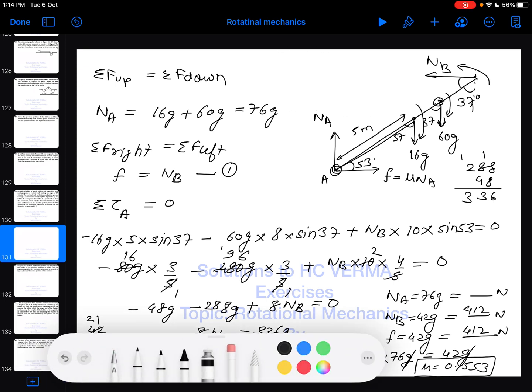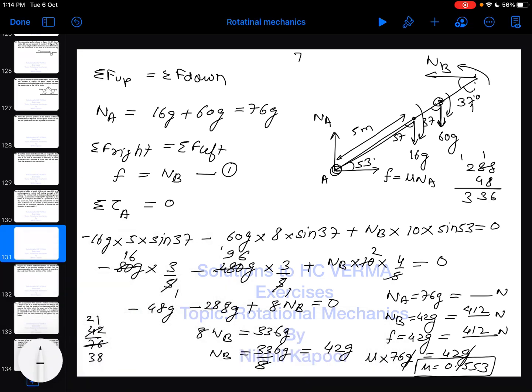Again I will do it one more time. 76 into 9.8: 8 6s are 48, 4 carry, 8 7s are 56 plus 4 is 60, plus 9 6s are 54, 5 carry, 9 7s are 63, 68, and adding, 4, 8 plus 6 is 14, 1 carry, 7. So that comes out to be 744.8 Newton.